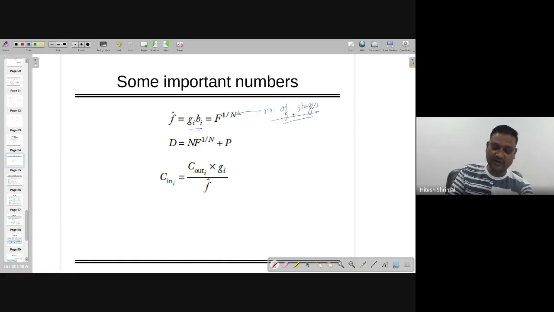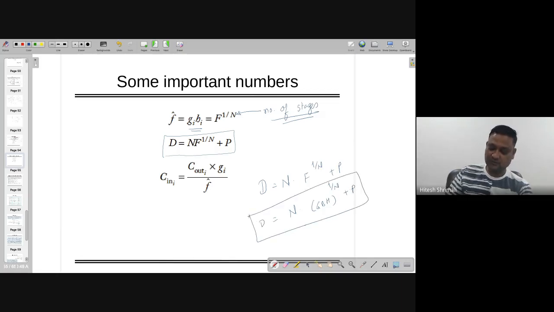When you keep that, this whole D is now changed to n times F raised to 1 by n plus P, where F remains the same thing. F is not changed because it's GBH. So this is the final equation which is going to be used everywhere, and that is what we need to take into account.